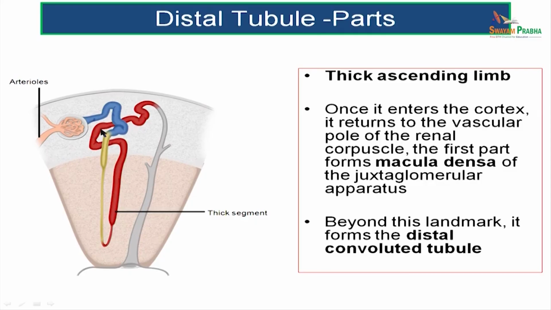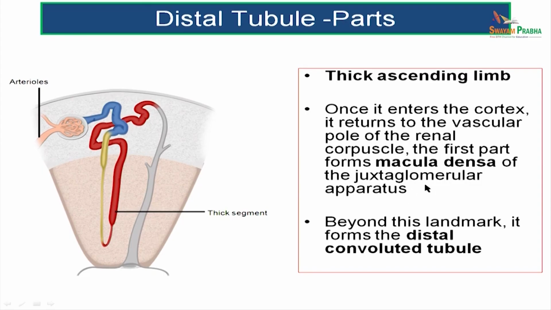This thick segment of the loop of Henle, ascending to the cortex, reaches the vascular pole of the parent nephron. It forms a structure called macula densa of juxtaglomerular apparatus.